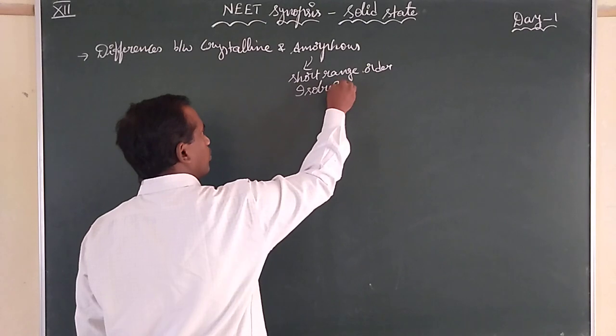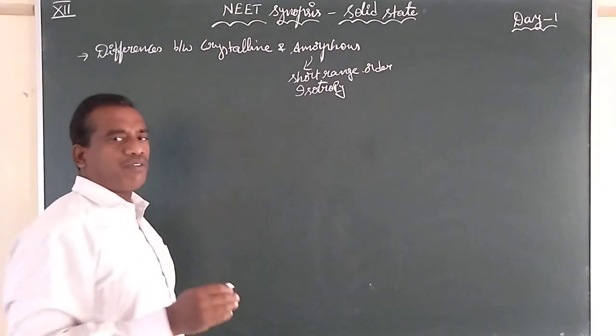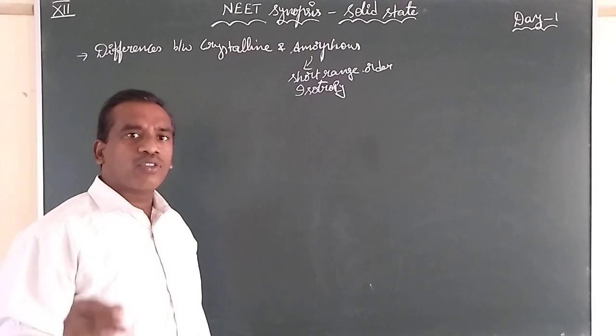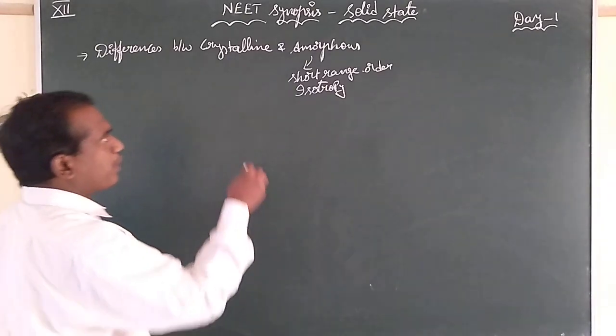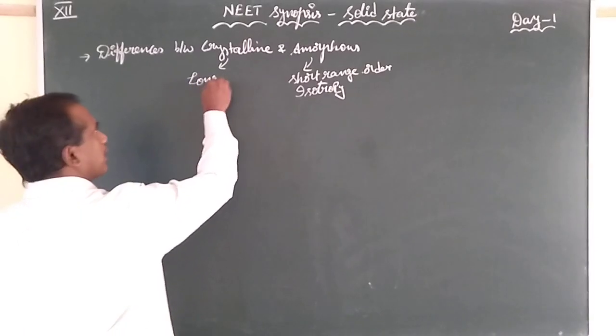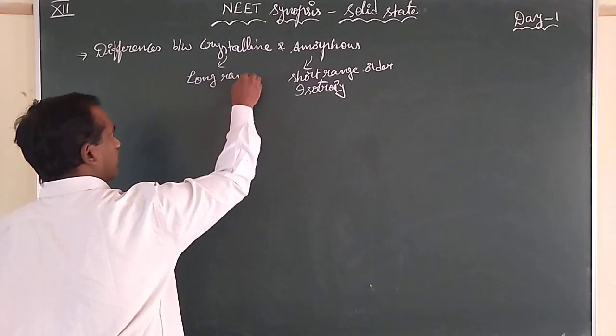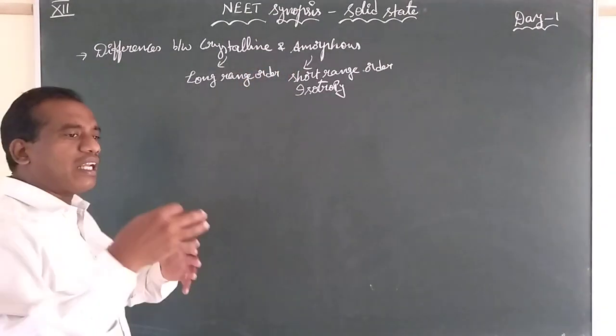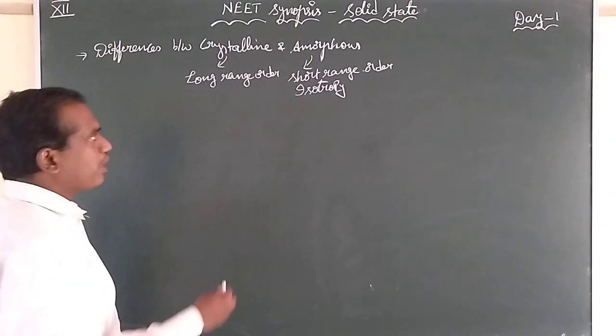It means when we draw from any plane, the similar type of atoms or ions or molecules will be observed. But crystalline solids have long range order, which means the arrangement will be in a repeated manner.